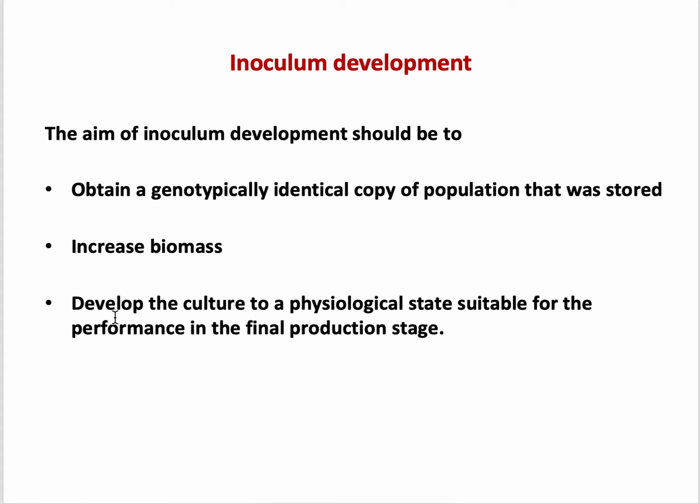Then develop the culture to a physiological state suitable for performance in the final production stage. They have to be in the active, actively growing form, otherwise there will be a lag phase. So the cells should be in a particular physiological state which is suitable for the fermentation process.